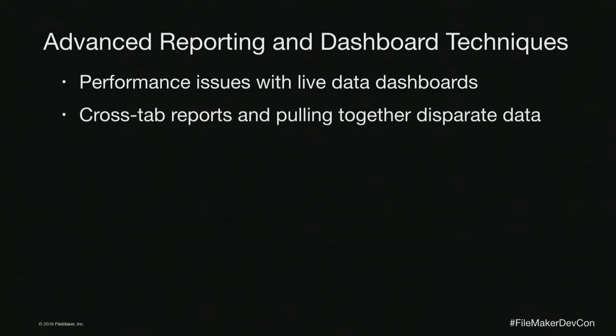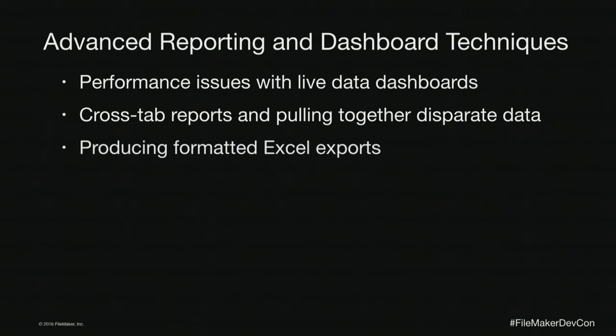Just to clarify what crosstab means for anybody who's not familiar, this is essentially taking data that would easily be presented in FileMaker in a vertical fashion, summarized in a vertical fashion, and turning it on its side and showing it horizontally, which is not necessarily a simple thing to do in FileMaker, although there's a number of techniques, and we'll talk about a couple. Finally, we're going to move on to producing formatted Excel exports, and we'll actually look at a couple different techniques. One a little more basic for simple needs, and another for actually very complex needs.